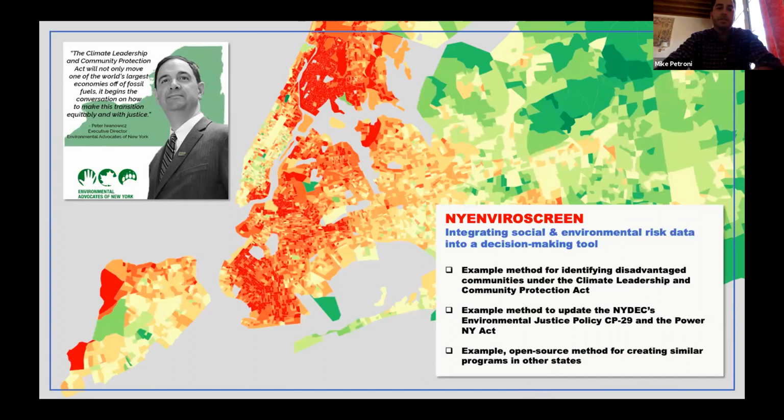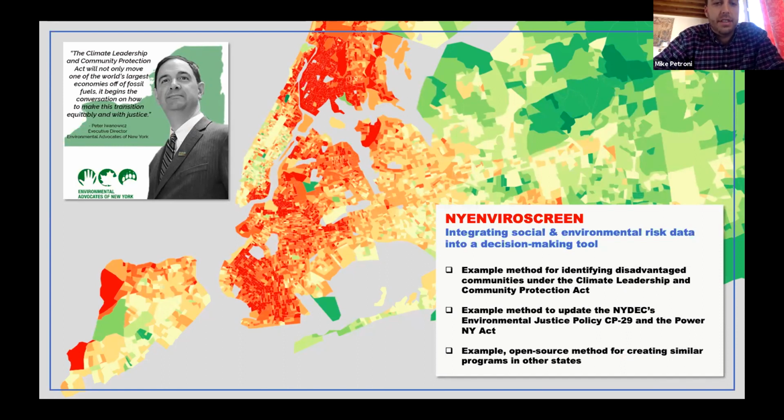So this is a spatial analysis tool that brings together several data sets to create an environmental justice score. So it's going to be used hopefully, or maybe help influence a final tool that is created under the Climate Leadership and Community Protection Act.